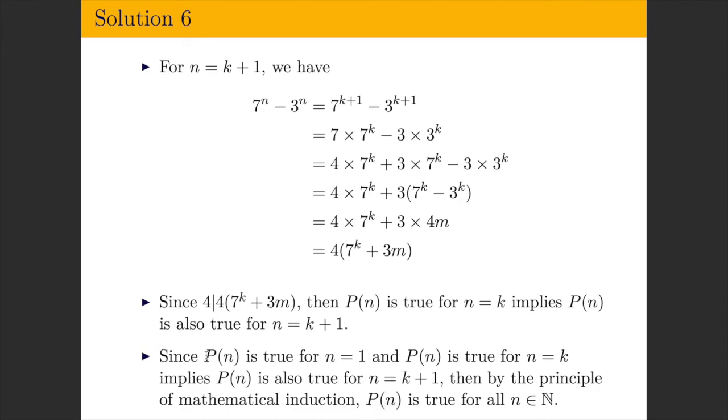And since P(n) is true for n equals 1, and P(n) being true for n equals k implies that P(n) is also true for n equals k plus 1, we can write, by the principle of mathematical induction, P(n) is true for all n an element of the natural numbers. And that concludes our series on mathematical induction.